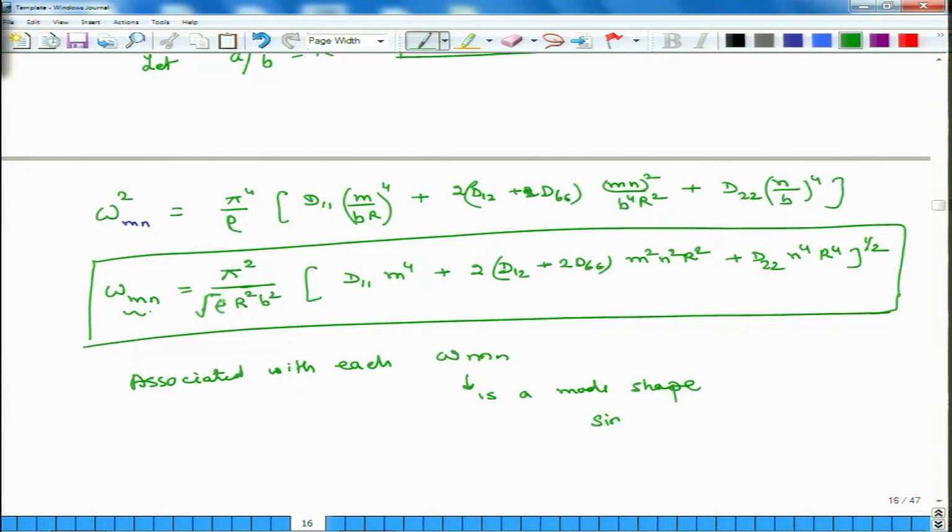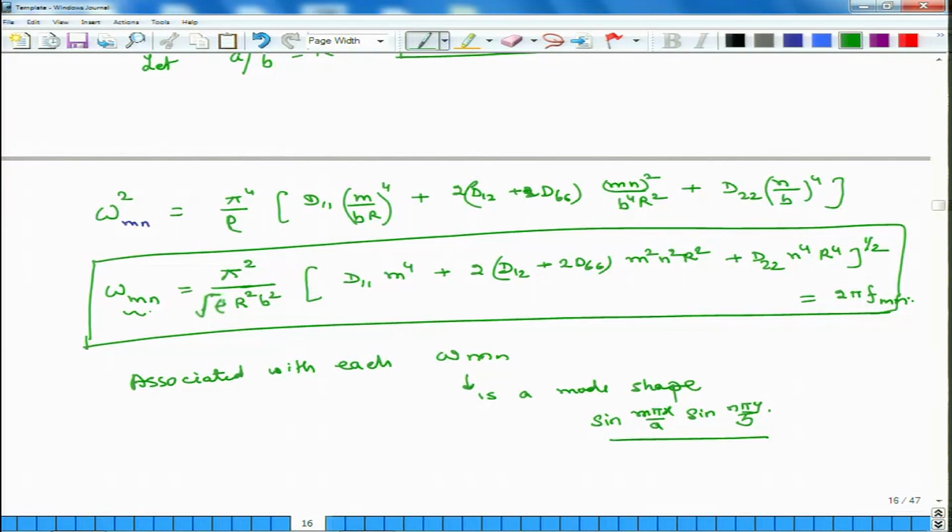It is sine m pi x over a sine n pi y over b. Okay. So, what it means is that if the plate is going to vibrate at angular frequency omega 11, then the shape of the plate will be such that it has one curve in the x direction and another curve in the y direction, and so on and so forth. So, this is the natural frequency of the system, and we can also call it 2 pi f mn.